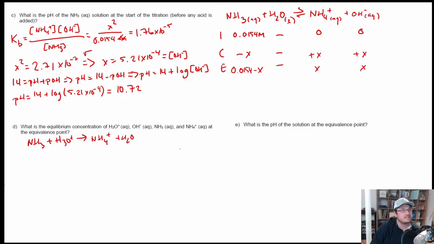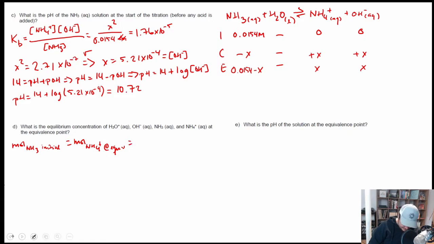That's the reaction that's happening. Because these two are equal, that's going to equal the amount of NH4 plus that you're getting. So the moles of NH3 that we initially started with is going to be equal to the number of moles of NH4 plus at the equivalence point.